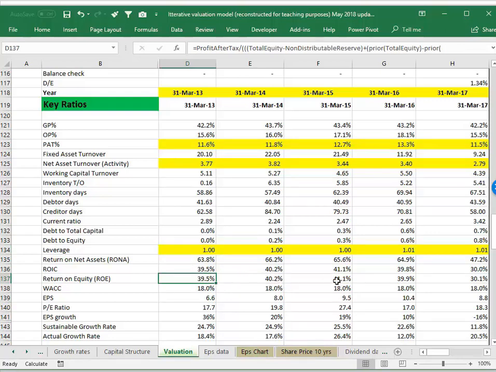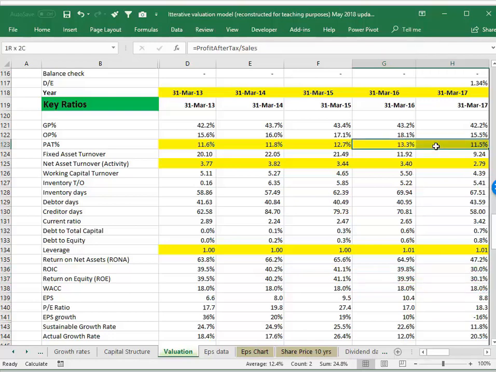And if we come along here to the difference between 2016 and 2017, there we see that significant decline of, in this case, nearly 10% decline. And we wanted to find out the reason for that. Well, we would come up here and we would see there's the profitability declining, and there is the activity declining.